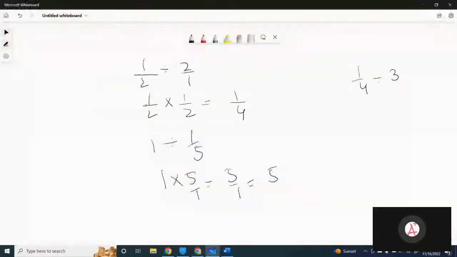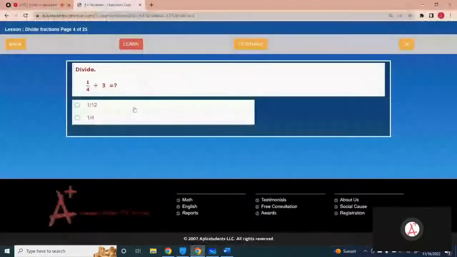Yes, replace the division sign with the multiplication one and take the reciprocal of the term 3 by 1. So it would be 1 over 3. So the answer is 1 over 12. Got it? So just select the correct option and click on the OK button.